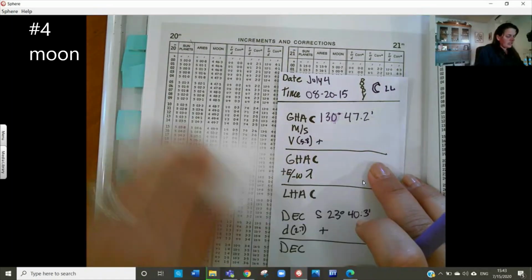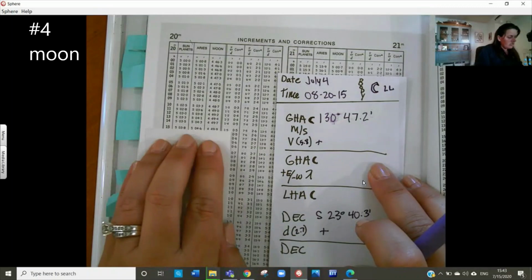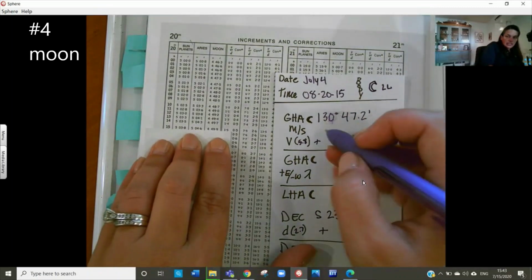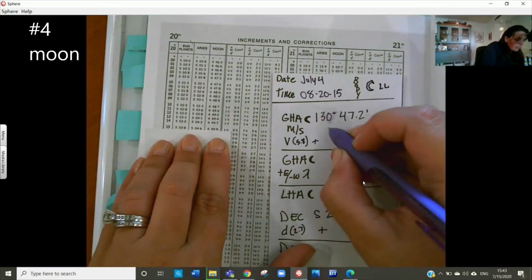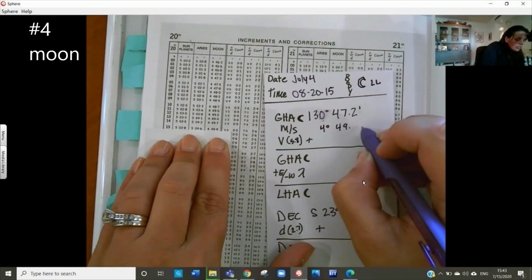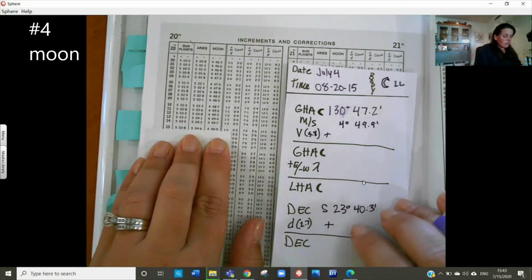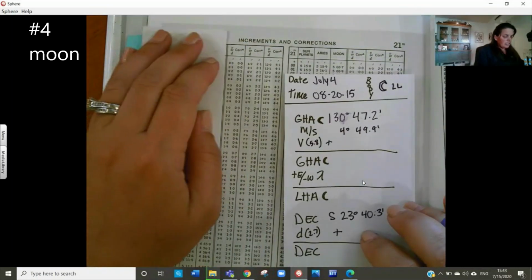So 20 minutes, 15 seconds, and we have a minutes and seconds correction of 4 degrees, 49.9 minutes.